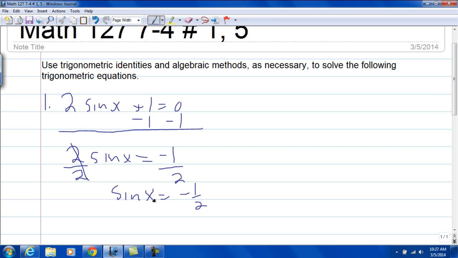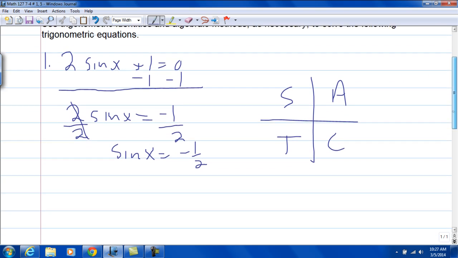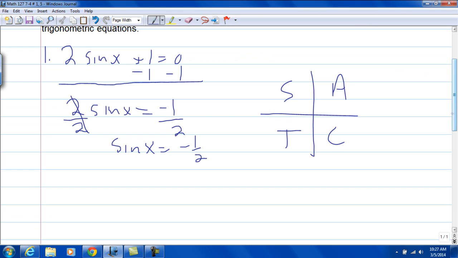Okay, so we need to figure out when sine makes negative 1/2, and we know that all students take calculus. Sine is negative in the bottom two quadrants, and so we know it's going to have to be in the third quadrant and the fourth quadrant. Now, if you put this in the calculator, let me take another step here.